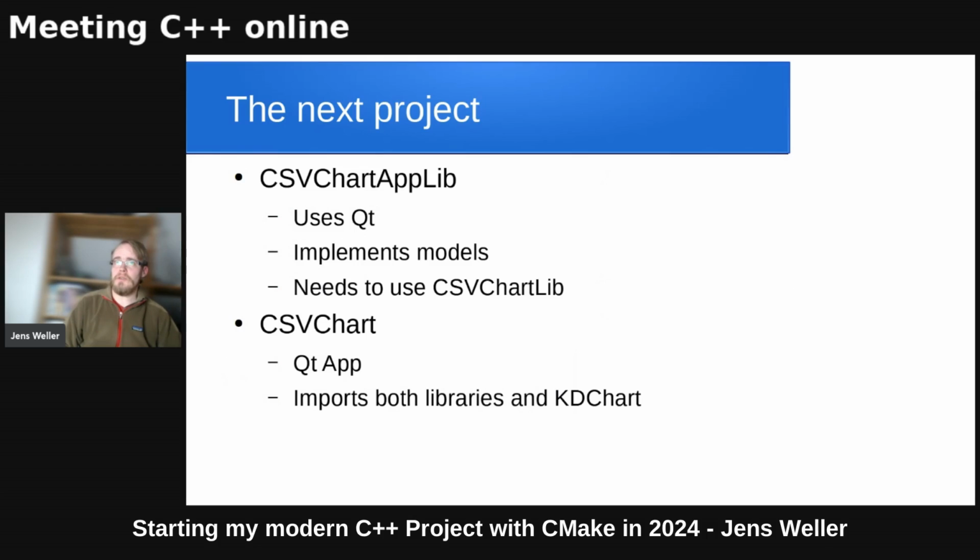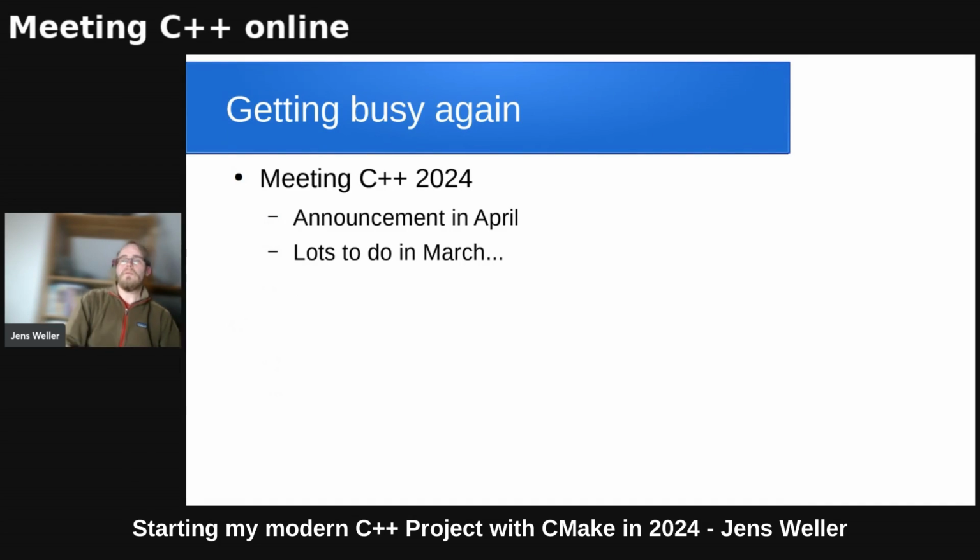And the next thing to do is to write the application library, which uses Qt things and provides tests for stuff which the application uses, and then to have a CSV chart application which combines them. But also, I'm getting busy again.